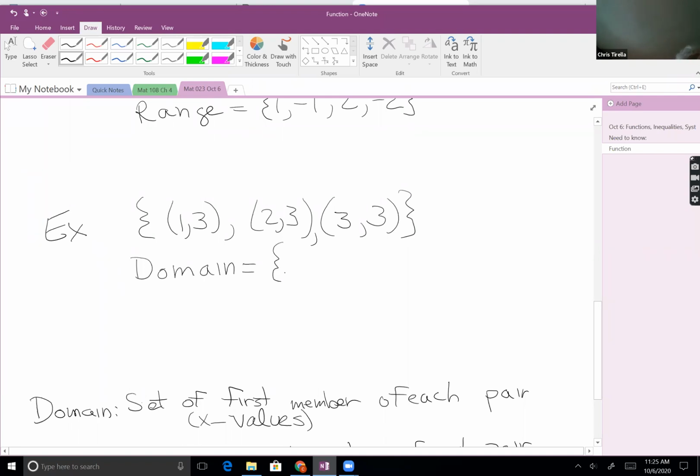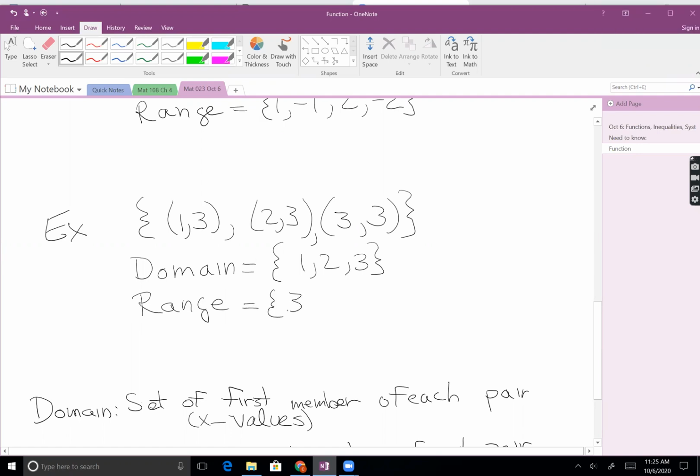The first members are 1, 2, and 3. Beautiful. And then what's the range? What are the second members? 3. Just 3. And it repeats. So there's only one element in the range of that one. So, identifying domain and range.